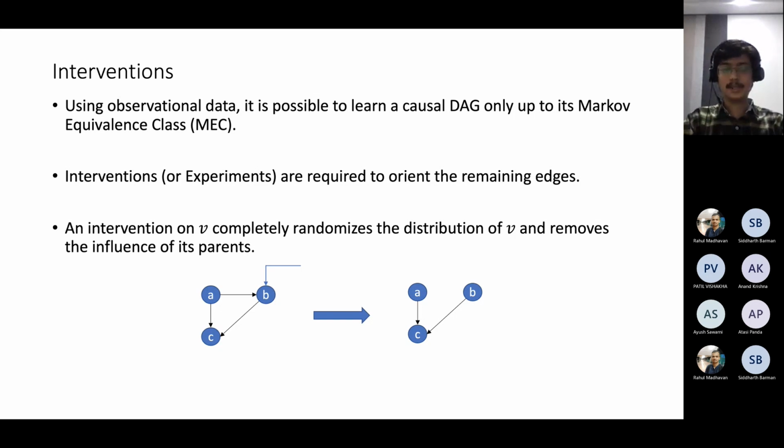So if you are thinking of this do operator, then it fixes the value of a variable to some particular value, but you can also think of this intervention as setting B to some distribution. So in this case, let's say a uniform distribution over its domain.